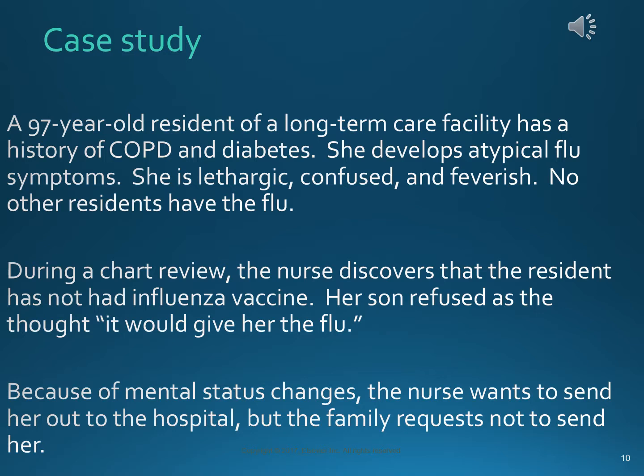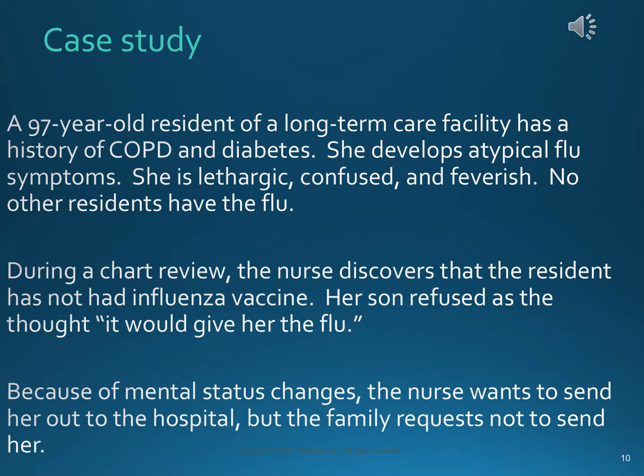Now remember, older adults quite often do have atypical symptoms when they have dehydration, when they have pneumonia, when they have other infections. So you're just not always certain what's going on when somebody is lethargic, confused, and feverish.